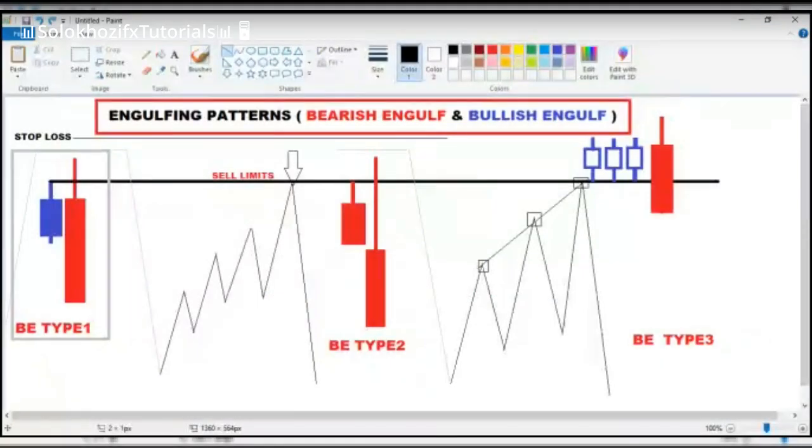So let's call up a live chart and check for examples. Okay, all my charts, here are my charts.